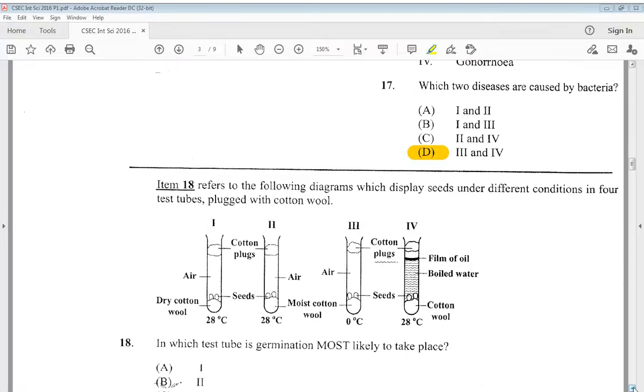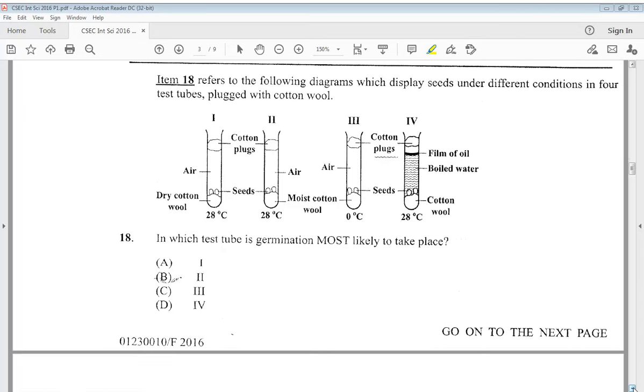Item 18 refers to the following diagrams which display seeds under different conditions in 4 test tubes plugged with cotton wool. Now this question, we know it's not new because we have seen this before. 18 says, in which test tube is germination most likely to take place? For those of you who haven't watched the other videos that I have uploaded, you can go ahead and check out the 2019, the 2018, and 2017.